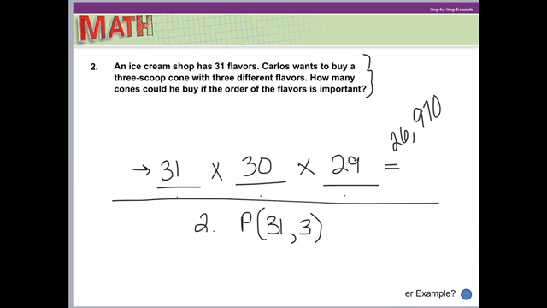So that's how it would be written. It would say find P of 31, 3. So you'd have 31 different options, and you'd only go 3 different spaces. So you would only be multiplying 3 numbers. So you would do 31 times 30 times 29.